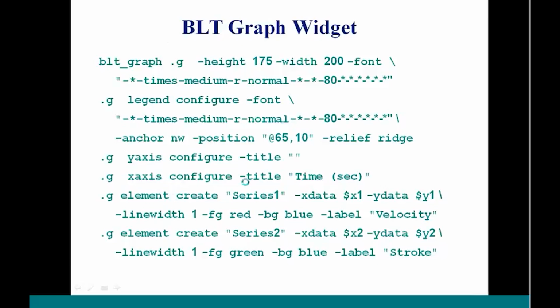To invoke a BLT graph widget, we specify the BLT graph command with $G as the widget name, and then we specify all the other things. Here we are configuring the $G, and then we can configure the x-axis and the y-axis as to what the value should be.